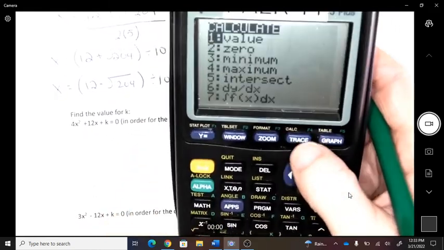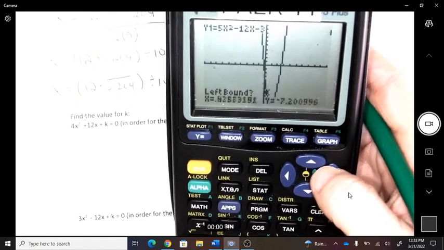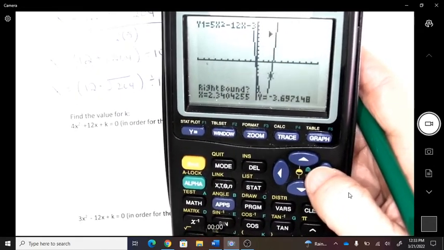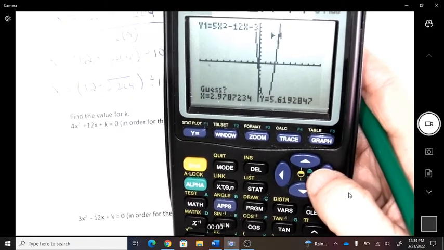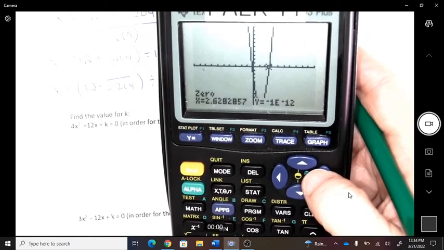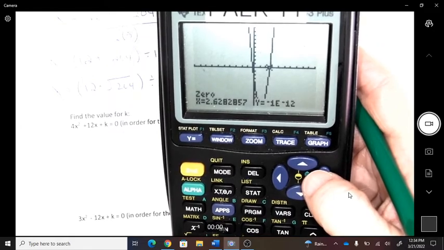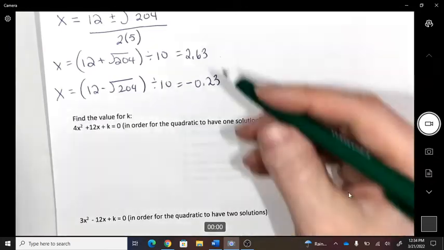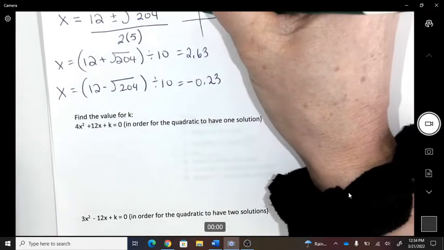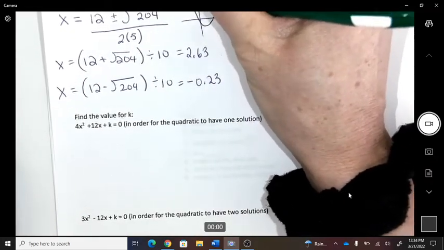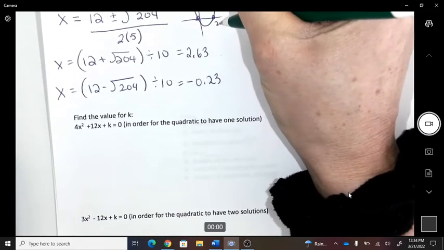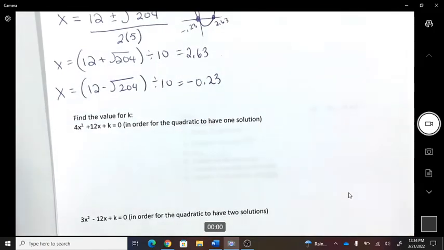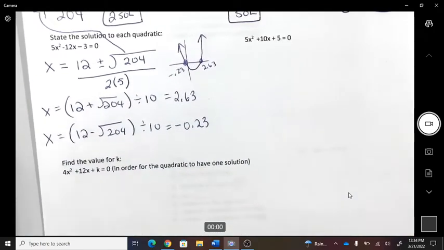And then I say, calculator, find this 0, so I contain it, put my mouse left, right, so it's in between there, 2.63. Okay, so that's what it looks like.